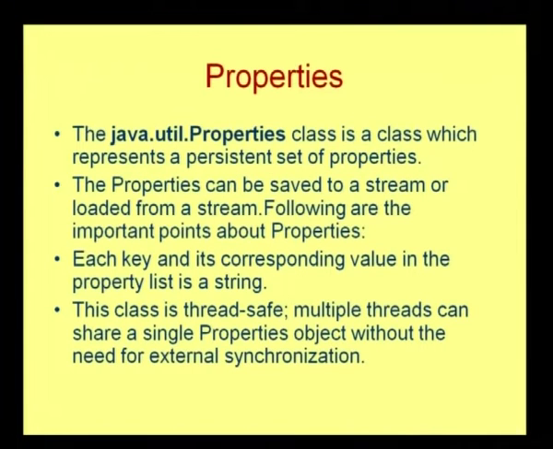Next we will look into Properties. Before discussing the Properties class, you need to know the usage of properties in your Java application and in all other applications, not only in Java. Whenever you want to configure something, you need some keys to be set to some values.